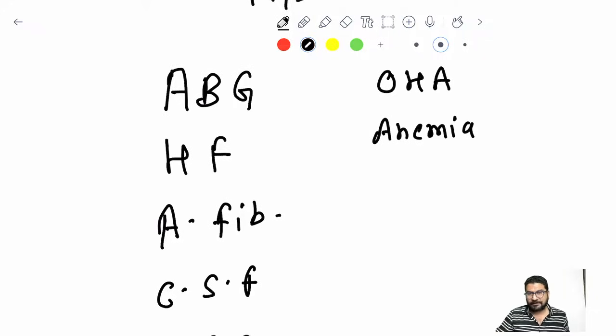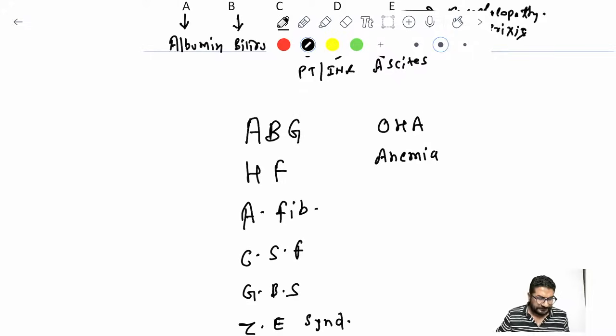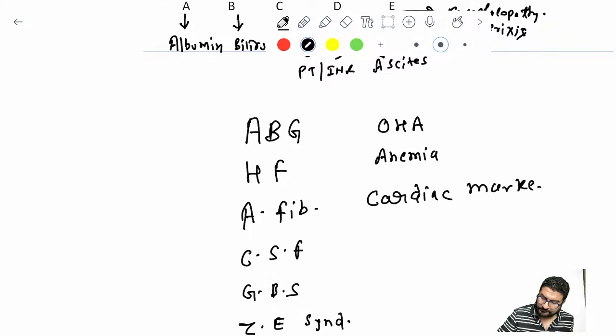They are not asking leukemia more, they are asking anemia more often. Then remember cardiac markers, very very important. Then what we have? Anti-epileptic drugs, anticoagulant.